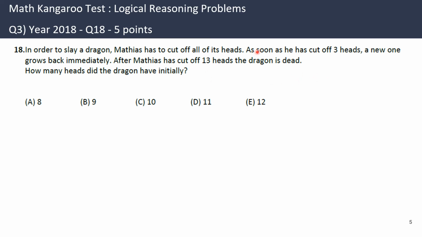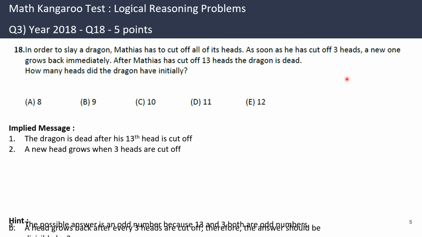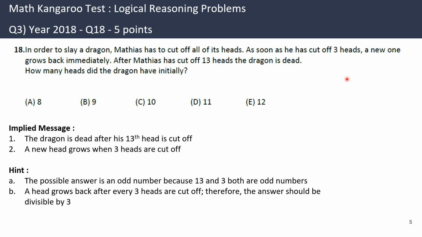It says as soon as he cuts off 3 heads, a new one grows back immediately, which means the initial number should be divisible by 3. So keeping these two conditions in mind, divisible by 3 and odd number, let's analyze the available answers.